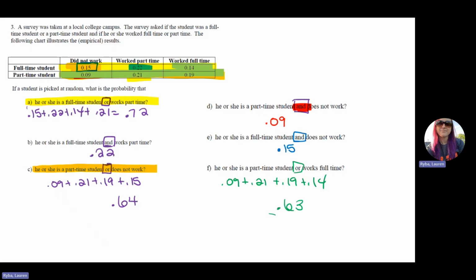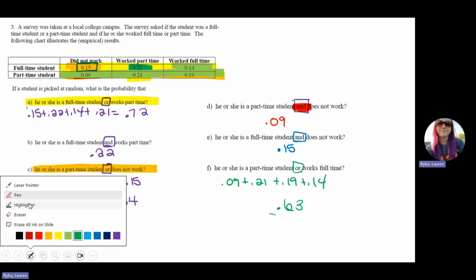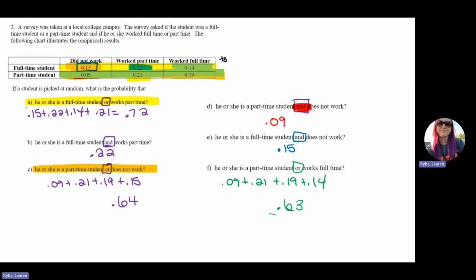I showed you the way that I like to do it, just because this table doesn't have totals. If the table had a total column and a total row, we could use the formulas that we got at the very beginning.